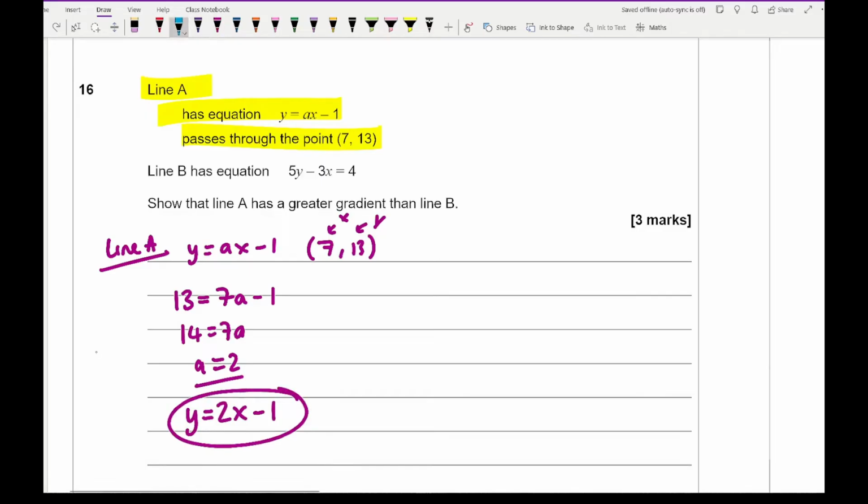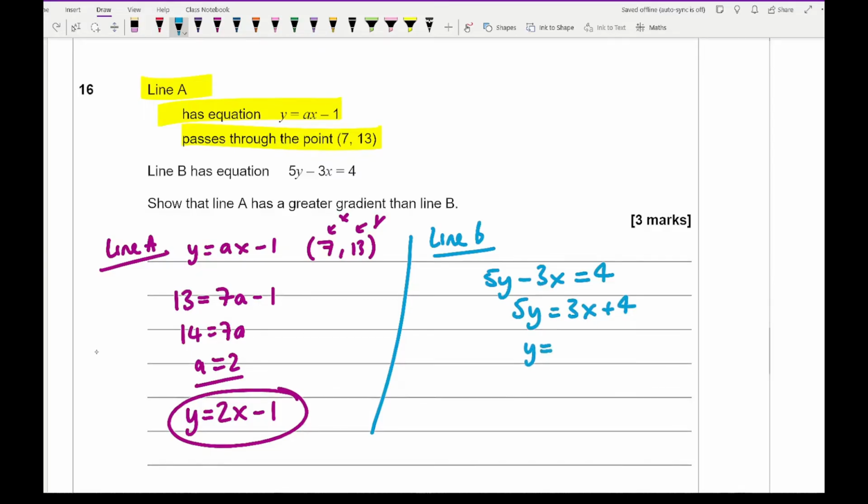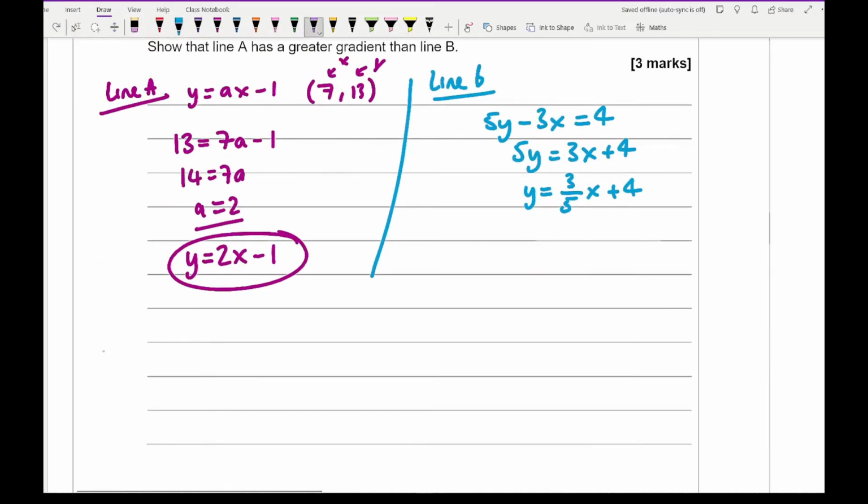Then for line B, what I need to do is a bit of rearranging. So here I've got 5y minus 3x equals 4. Now to work out the gradient, I need to make y the subject. So I've got 5y equals 3x plus 4. So then, dividing by 5, I get y equals 3 over 5 x plus 4 over 5. And all I then need to do is compare the gradients.